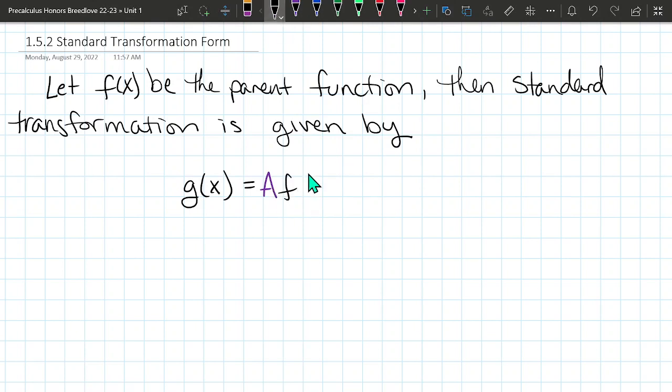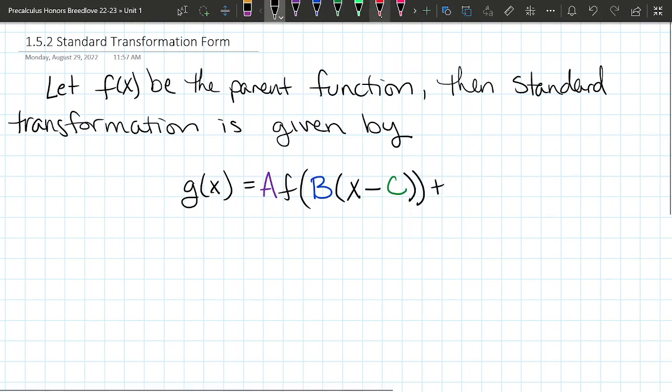And then f of, and then I'm going to put in a b of x minus, and then c, close that, and then close the function, plus d.